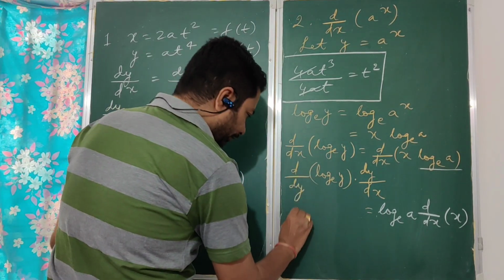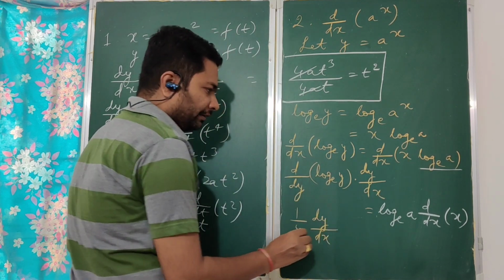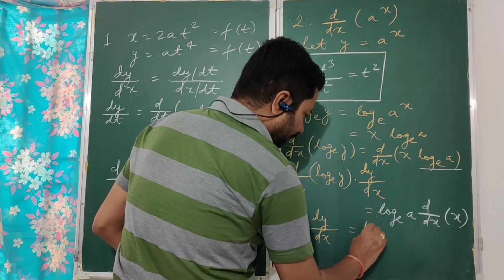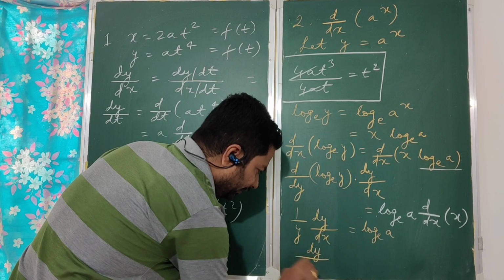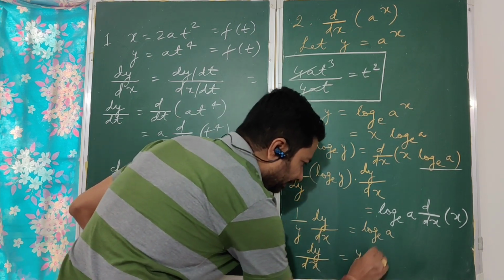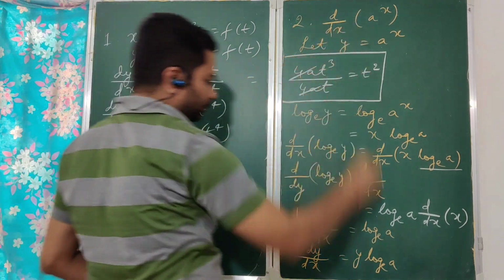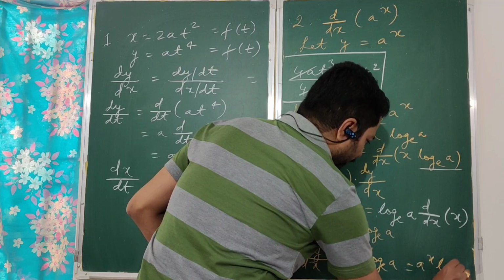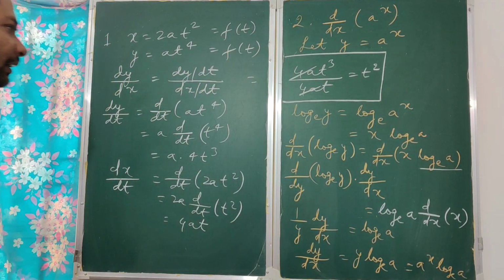It is 1 by y, so we can write 1 by y dy by dx, and d by dx of x is 1, so that is equal to log e a. So what is dy by dx then? We can write it as y into log e a. What is y? y is a to the power of x, so we can just write it as a to the power of x into log to the base of e into a. So that's how you can differentiate that function.